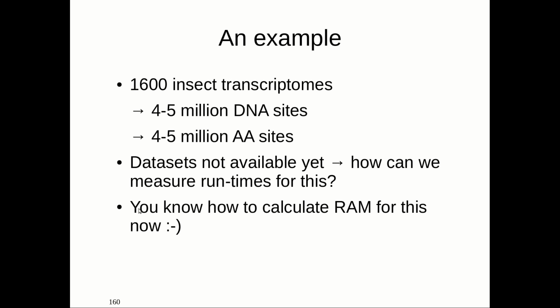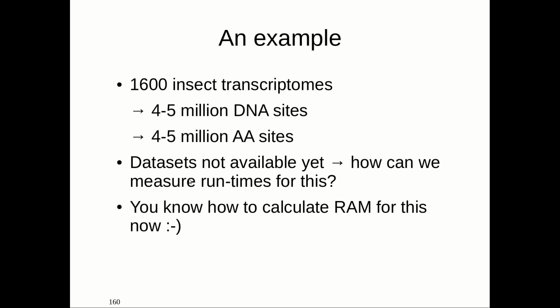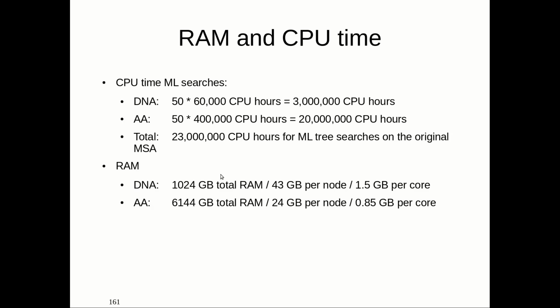A good thing, of course, is that you know how to calculate the RAM requirements for a data set with this dimension, but still predicting the runtimes is a different issue. So what we did is that we just simulated data sets of this size, so we just used simulated data sets to be able to predict runtimes.